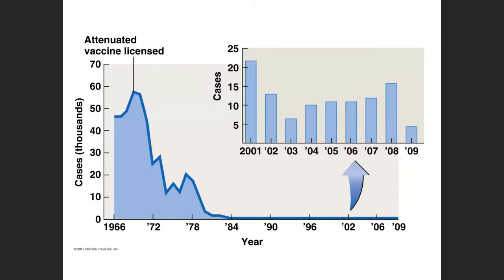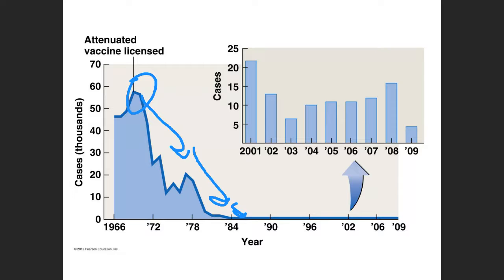When the MMR vaccine was first licensed for use, around the early 1970s, before that rubella was pretty prevalent, but once the vaccine was licensed, the incidence rate for rubella dropped like a rock over the years.